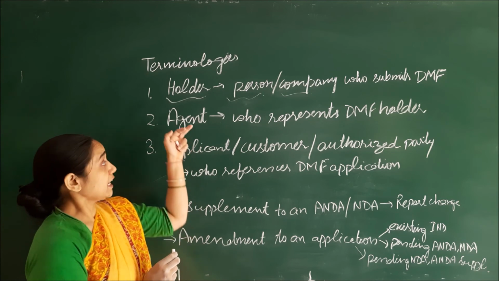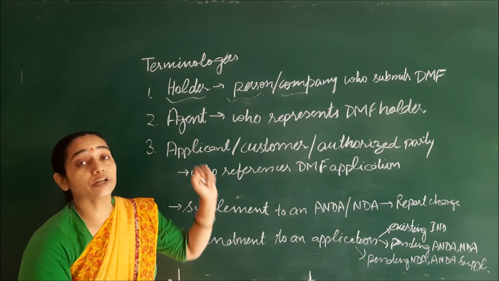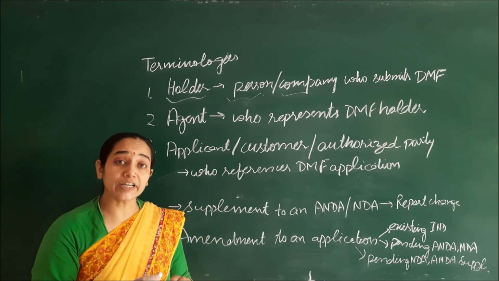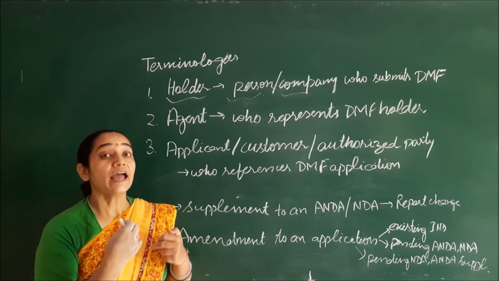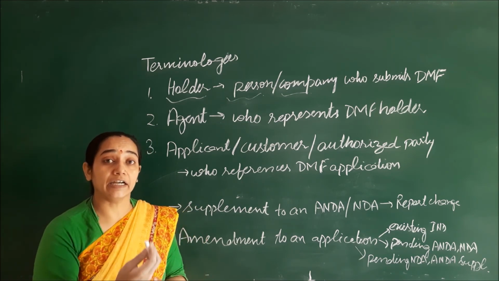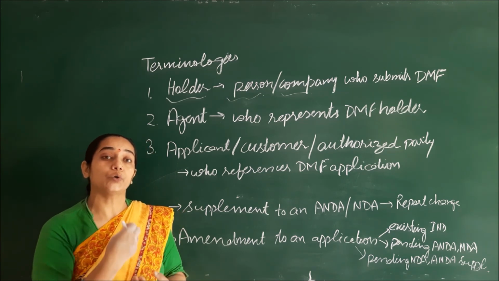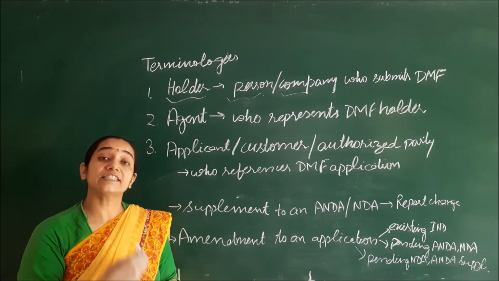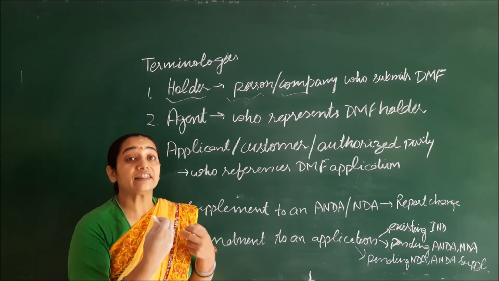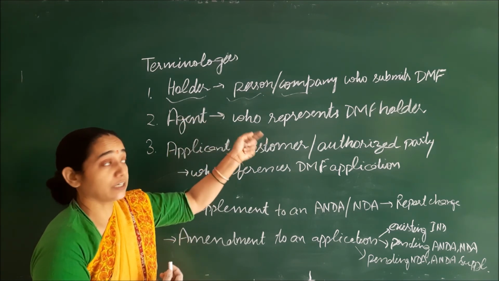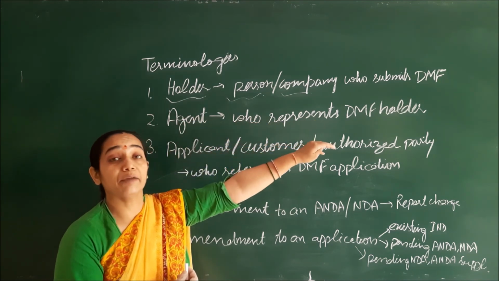An agent is a person who represents the DMF holder. For example, a pharmaceutical firm has appointed me as the communicating individual, so that in order to make any change or to supplement the information as required by the FDA, I will be an agent. So the agent is a person who will represent the DMF holder.